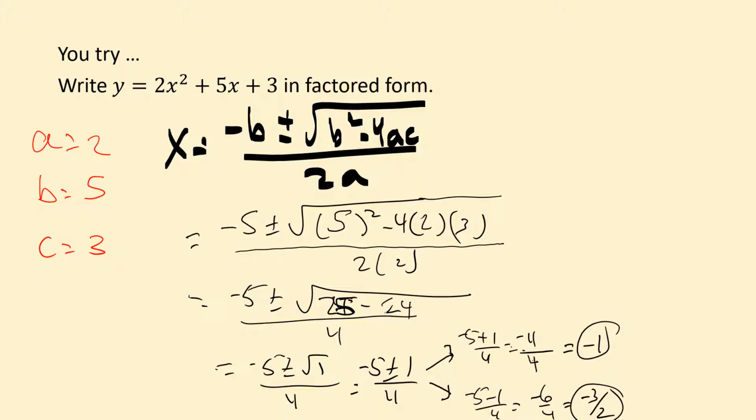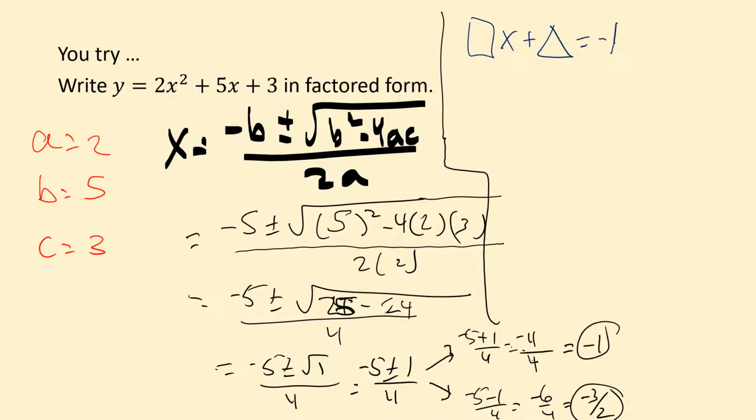Now we're going to use that to find the factored form. Let's set it up: some number times x plus a different number, or it could possibly be the same value, not necessarily, it may have to be different, and that equals negative 1.